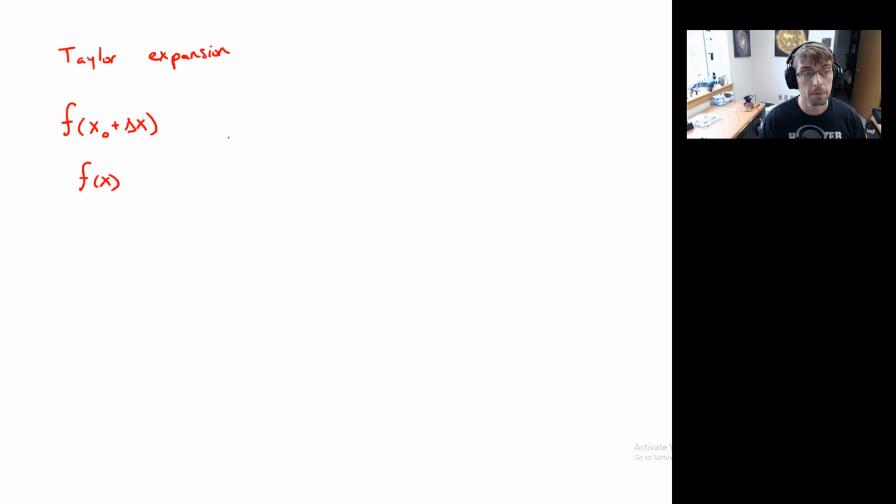So what would this be equal to? This is equal to, as you've already seen, the value of the function at the original location. So nothing fancy there. Plus the derivative of the function at the location x naught, times delta x. So I will put x minus x naught, writing that out explicitly.